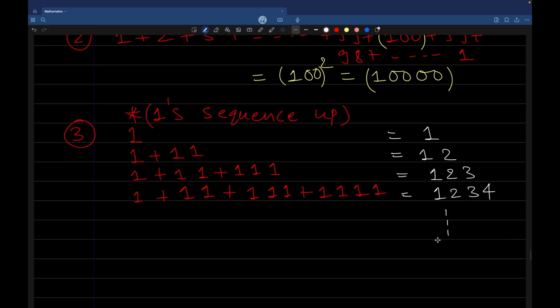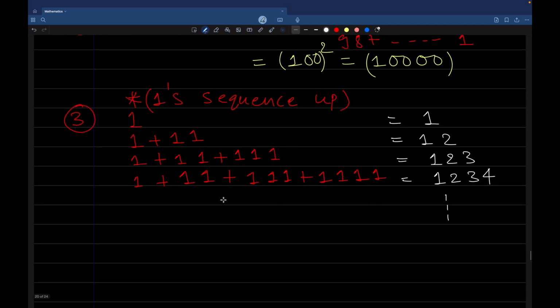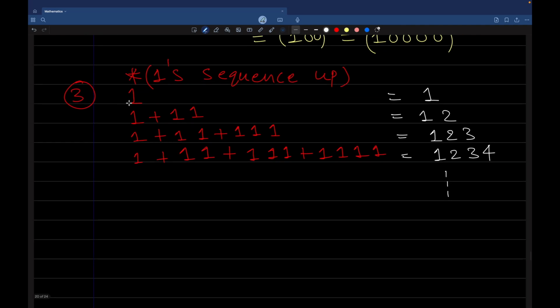We get this pattern if we add the sequence of all ones in the up direction. It means increasing the number of ones by 1 in each iteration.